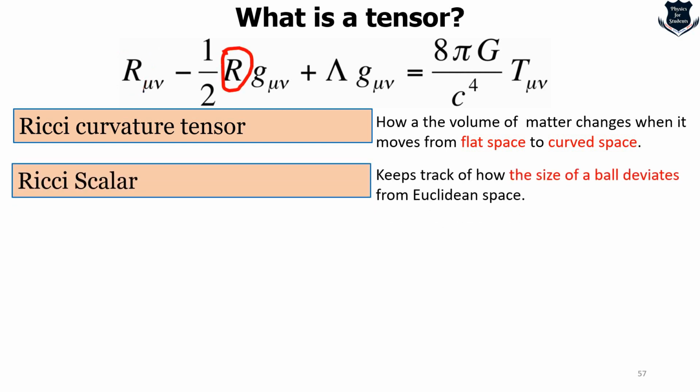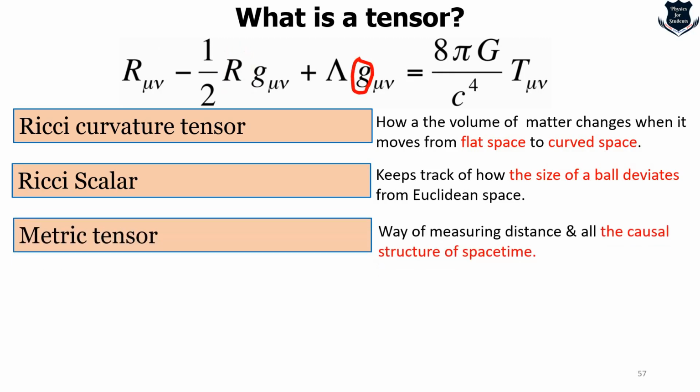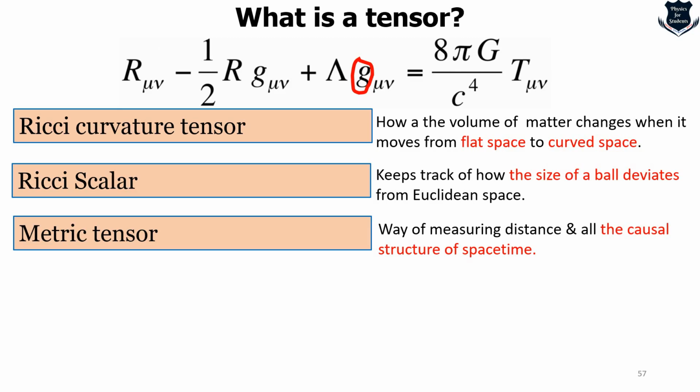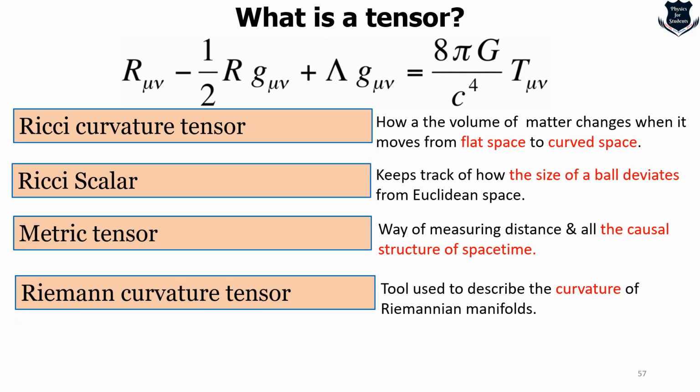The next R is also called the Ricci scalar. It keeps track of how a ball, a kind of sphere, deviates from Euclidean space to Riemannian or curved space. The next one is this g, which is important. We have seen that it is called the metric, the measure of distance in space-time. One thing which is hidden is the Riemann curvature tensor. It is the tool used to describe Riemannian manifolds.